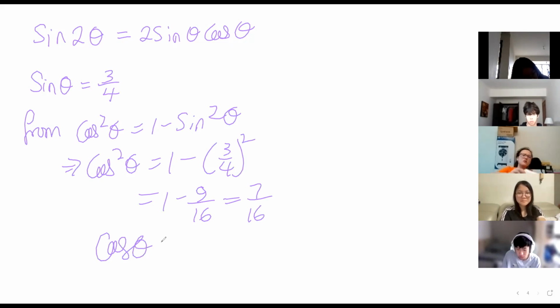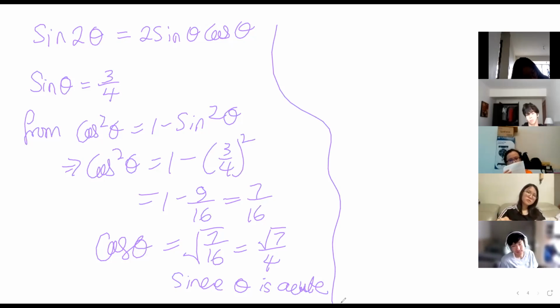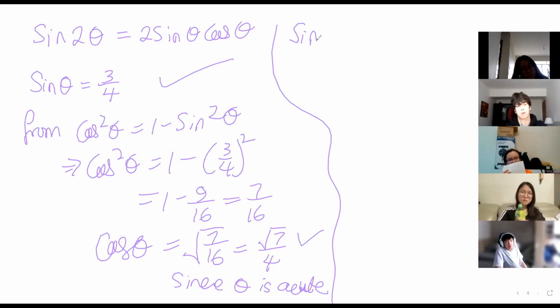So cos theta will be equal to the square root of 7/16, and I will take root 7 over 4 since theta is acute. Since theta is acute, all the trig ratios are positive. So with this and this, I can determine my sine 2 theta.